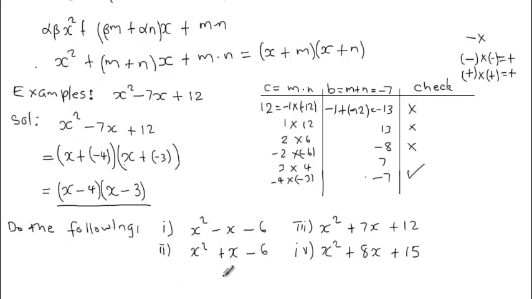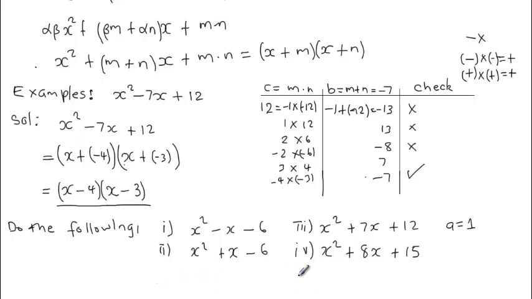All these exercises are of the same type because at the moment we're handling the simplest case where the leading coefficient, the coefficient of x squared, is equal to 1. So in our general quadratic expression, a is equal to 1 for all of the following.